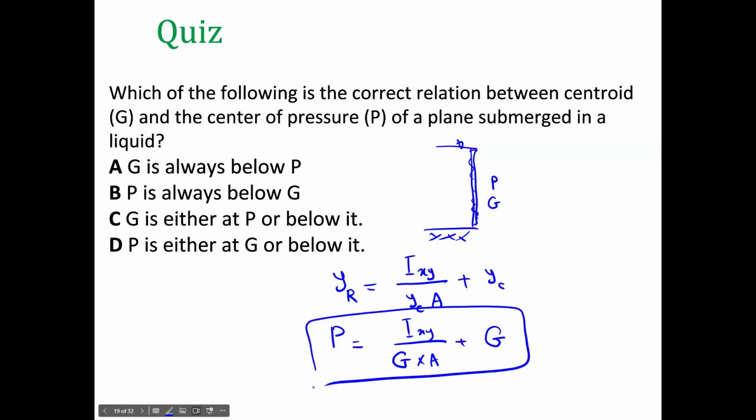Right now, you know the equation. Based on that, can you analyze the relationship between G and P? For triangular, you give me the correct one. Which one do you think is the correct answer?